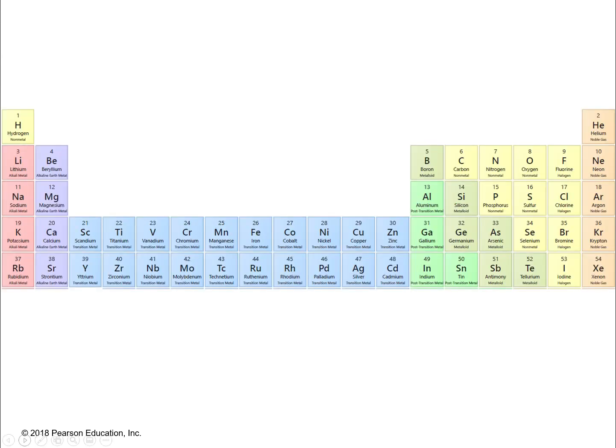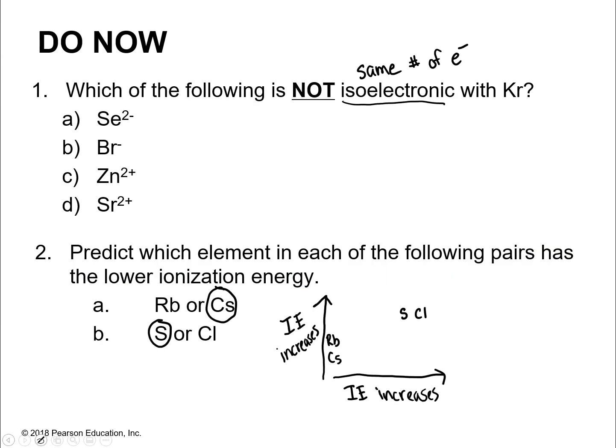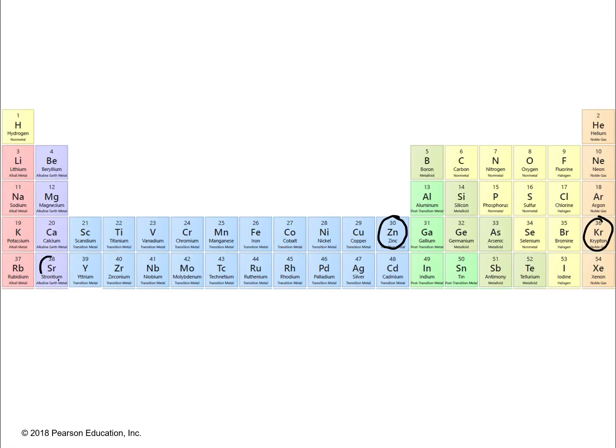Let's look at a periodic table. So we have ions of all of these, and we're trying to see which one has the same number of electrons as krypton and which one doesn't.